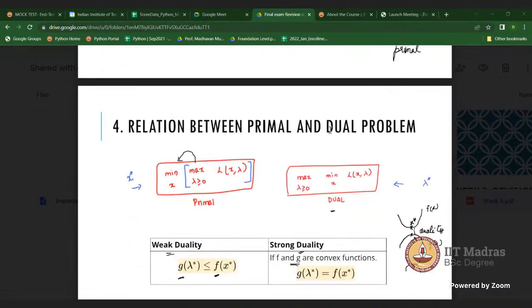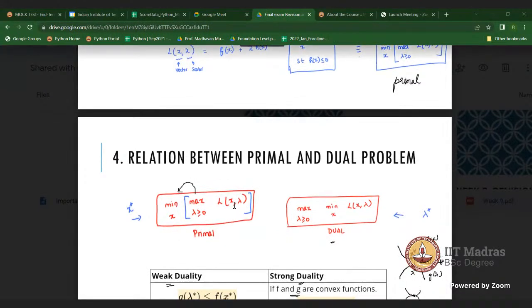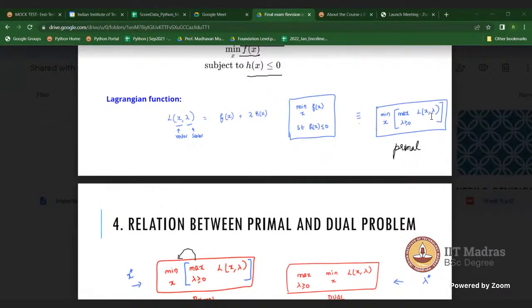This primal and dual problem is just a shifting of this. To solve the primal problem, I first need to solve for the max of L(x, lambda), and later I need to minimize it.